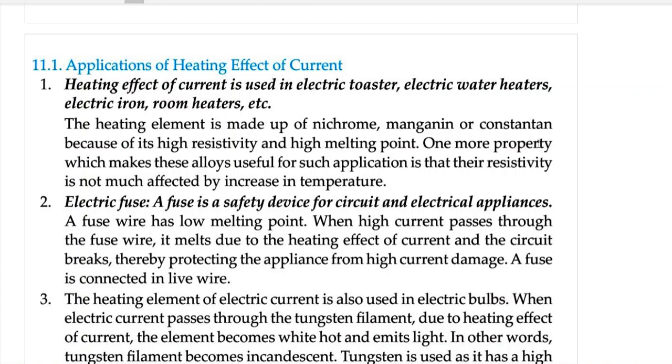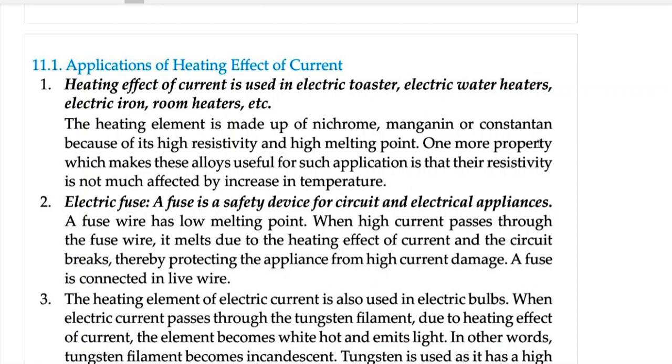If you want to heat water, cook food, toast bread, iron your clothes, heat up your room, you need heat energy. So you will use electrical energy to convert into heat energy. So when electrical energy gets converted into heat energy, you can use it for various purposes like stated here.